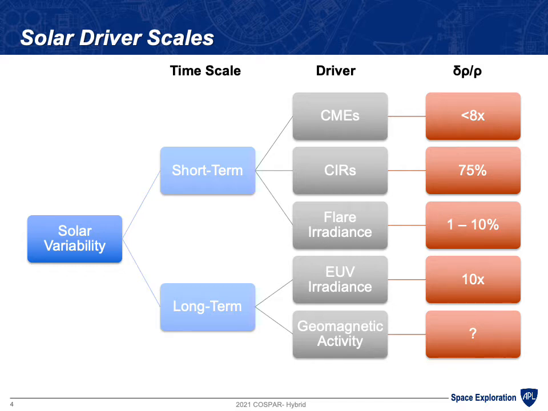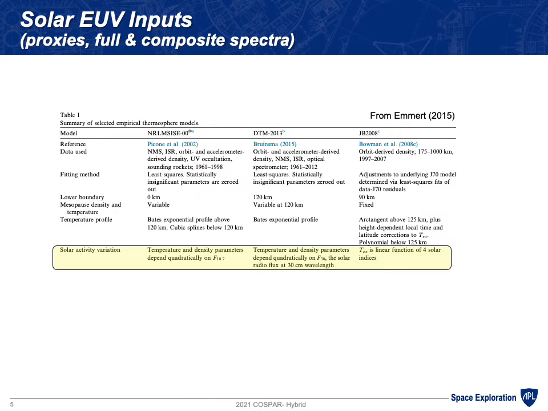So how is this input of the EUV irradiance used in the models? Here I have a few examples of empirical thermospheric models. Of course, the EUV irradiance, as we saw before, affects the temperature and density of the thermosphere, and so one would expect that the irradiance spectrum will be the primary input.